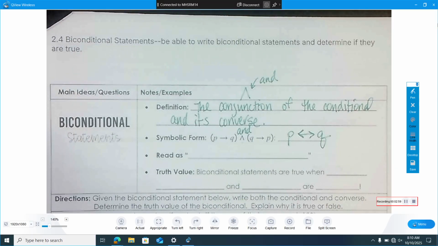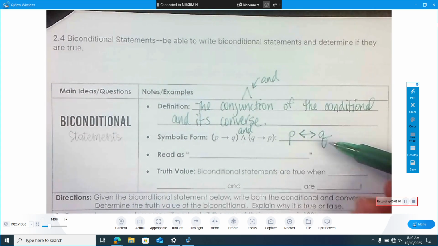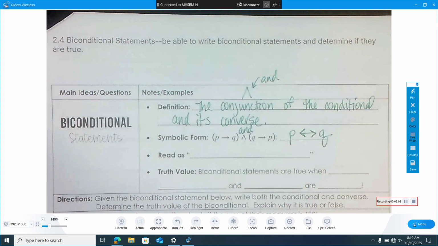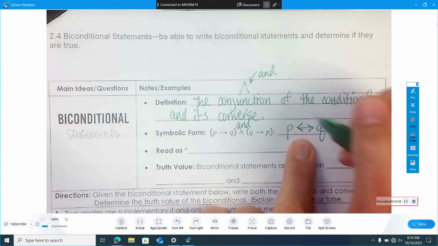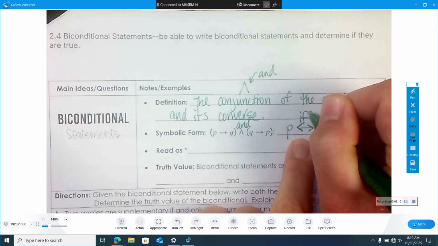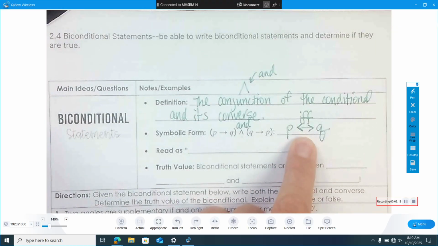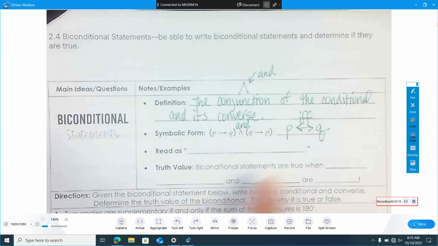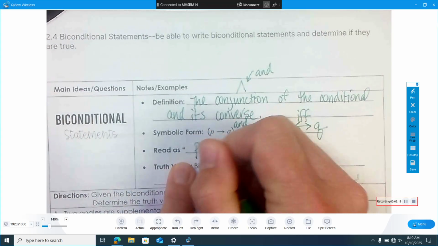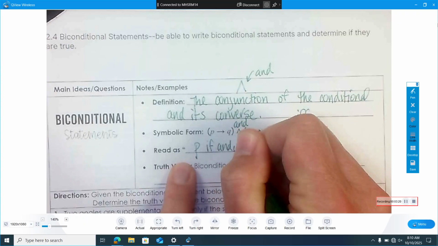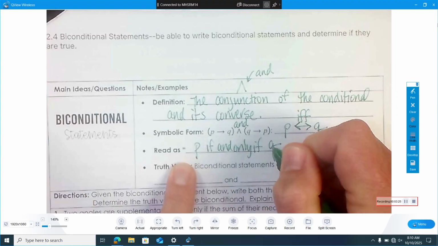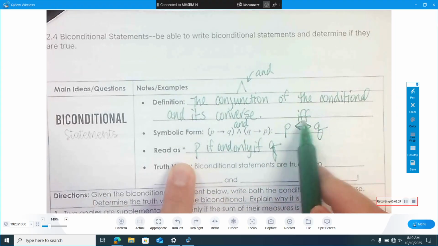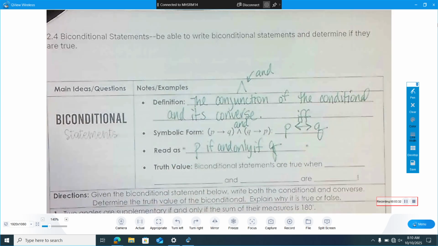Are we true P to Q and also Q to P? All right, this double arrow is read as "if and only if." IFF is the abbreviation. It's read as P if and only if Q. P if and only if Q. And again, there's that abbreviation, iff. It's if and only if.